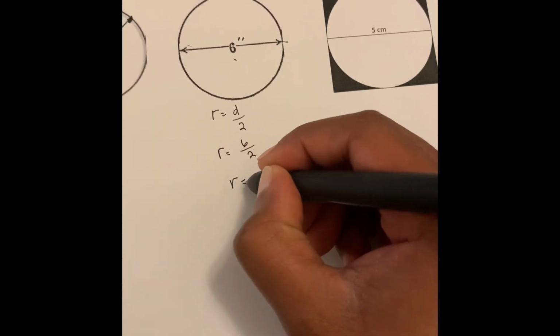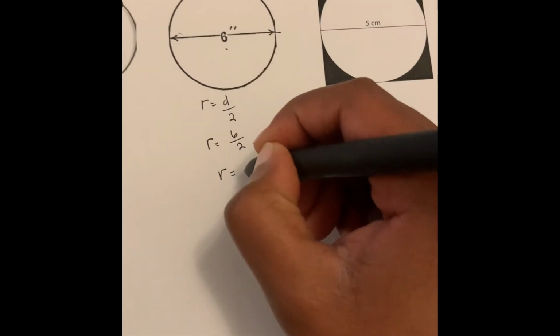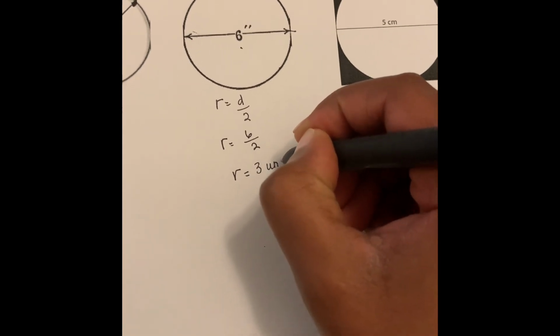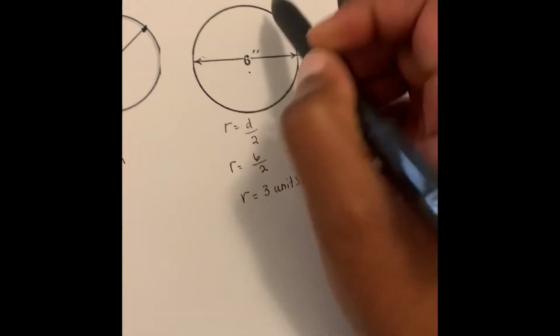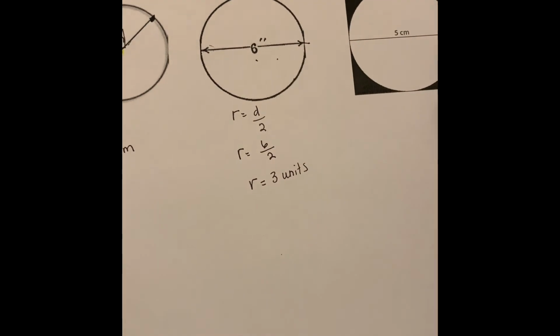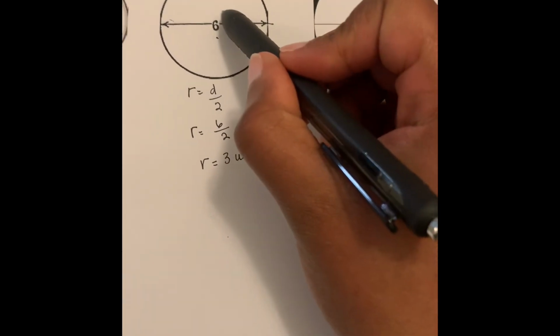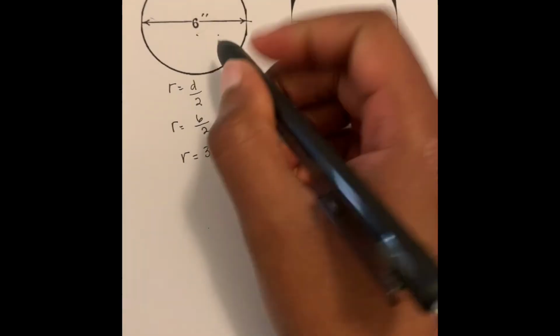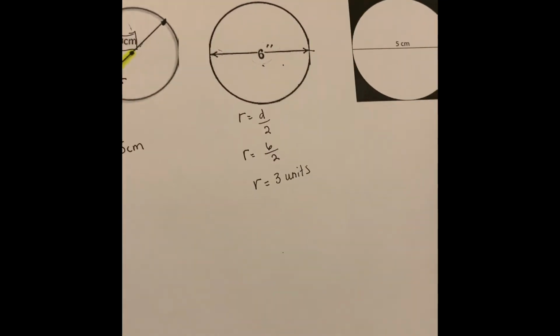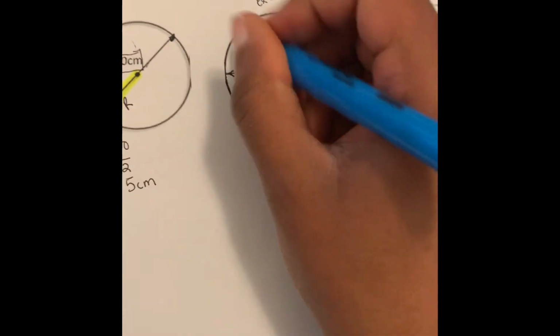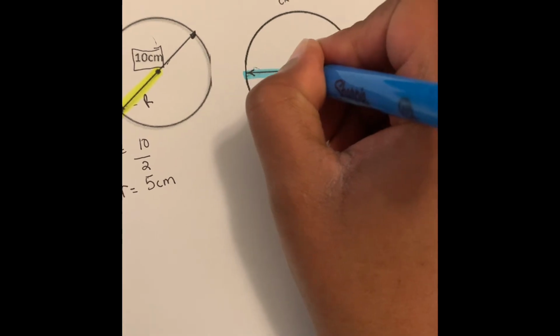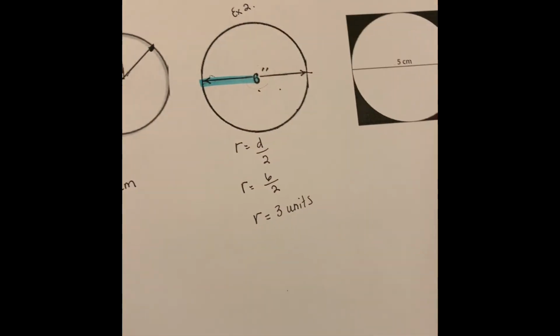R for the radius is equal to 3 units, okay? It doesn't have centimeters, inches, feet, yards, miles, minutes, whatever. So when I don't have a specific measurement, I say units, okay? And remember, the radius is halfway across from one end point to the middle of the circle.